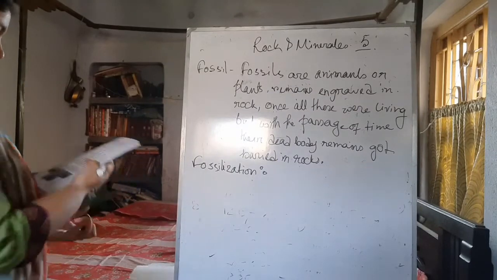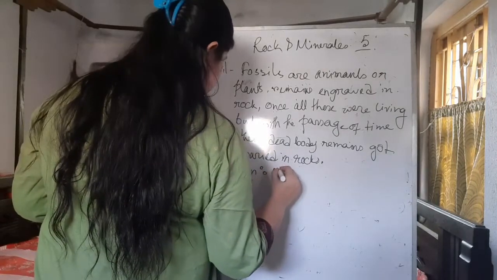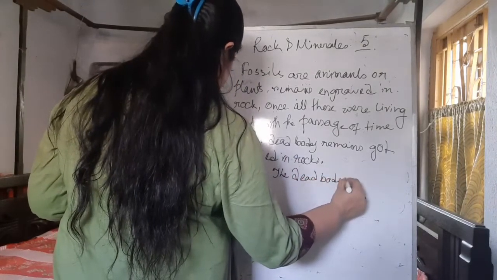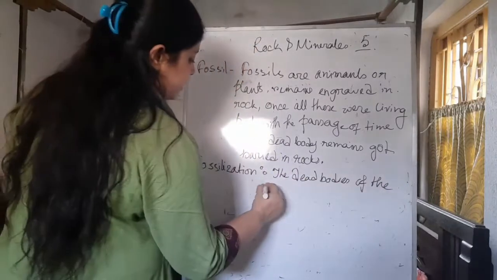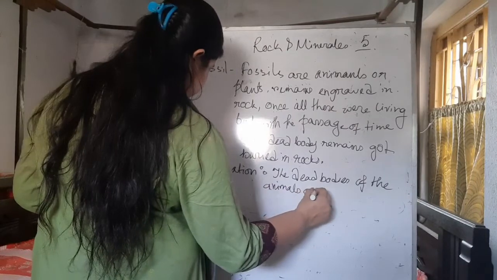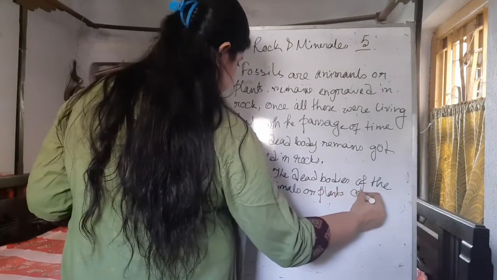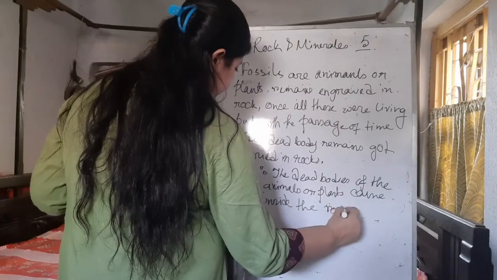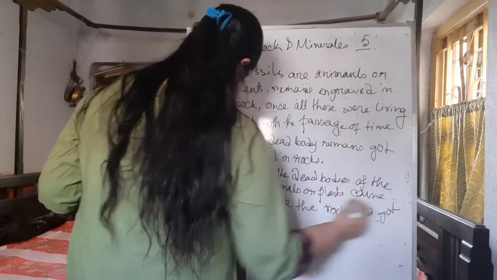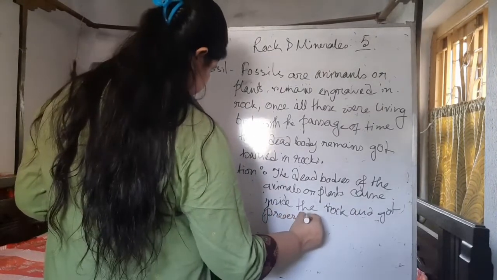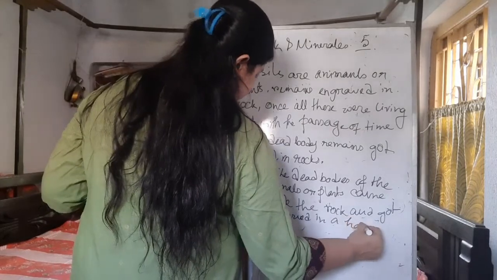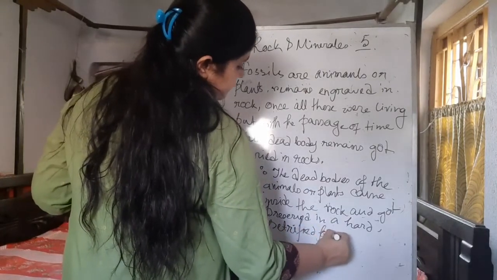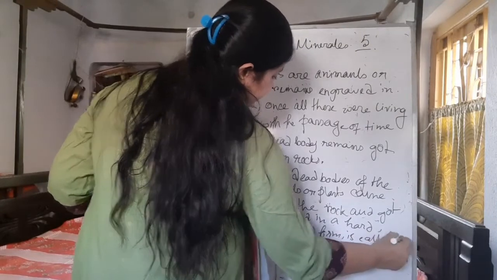Fossilization is when the dead bodies of animals or plants come inside the rock and get preserved in a hard, petrified form. This is called fossilization.